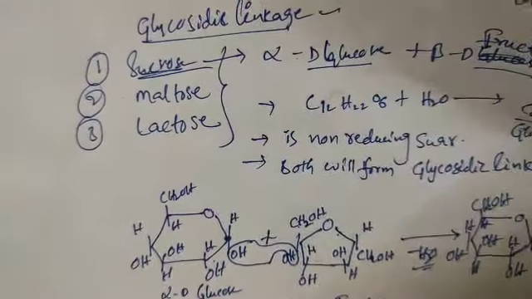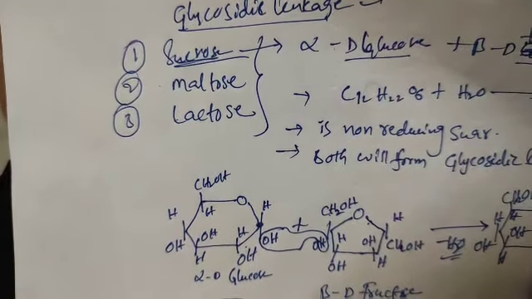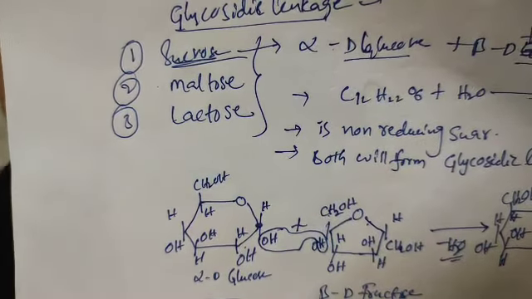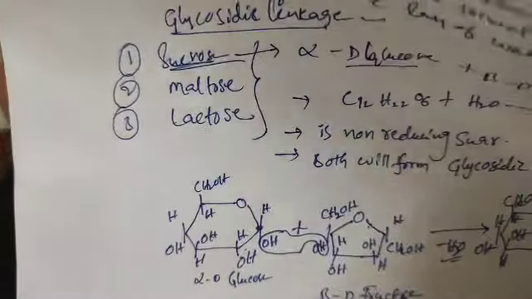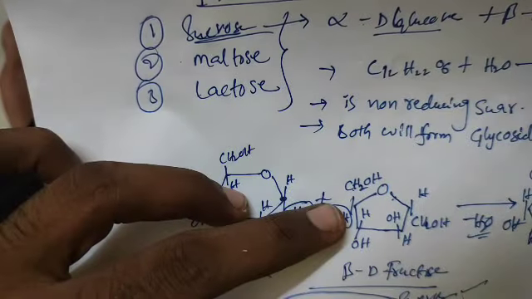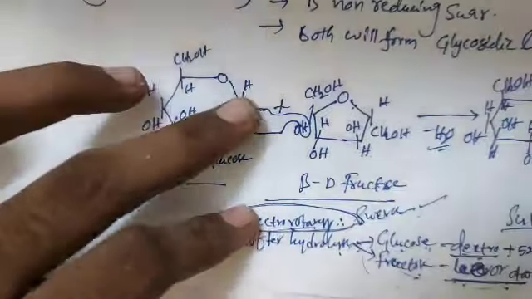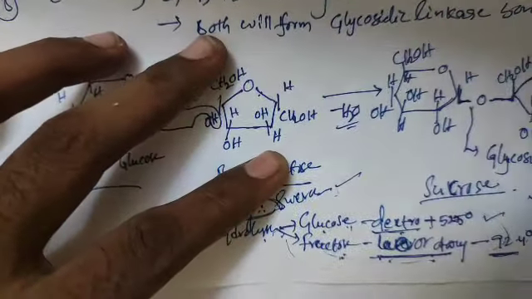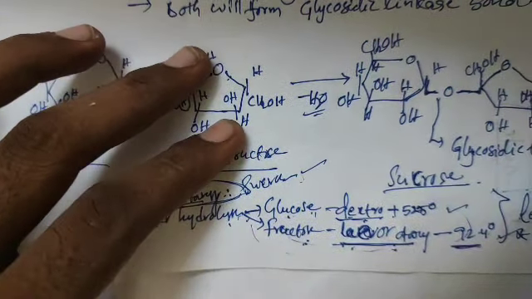Why do we call sucrose inverted sugar? Now you know. Sucrose is dextrorotatory, but on hydrolysis we get two monomers: one is glucose, the other is fructose. Glucose is dextrorotatory, 52.5, and fructose is levorotatory, 92.4.